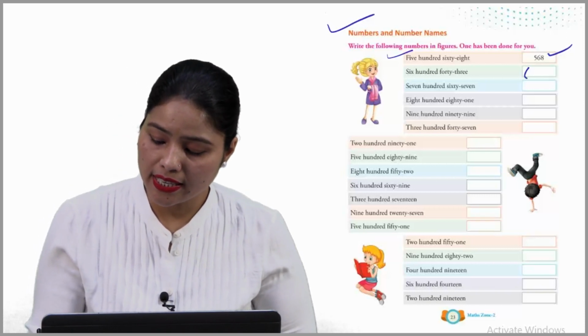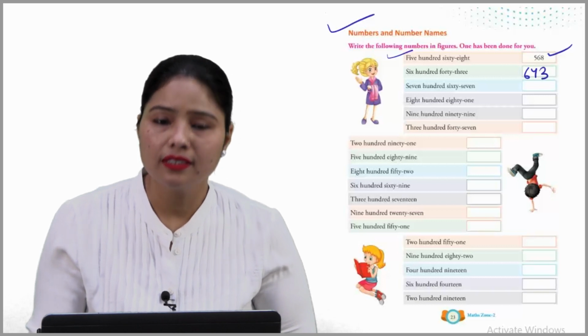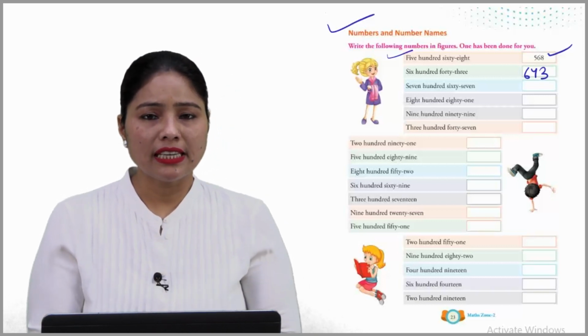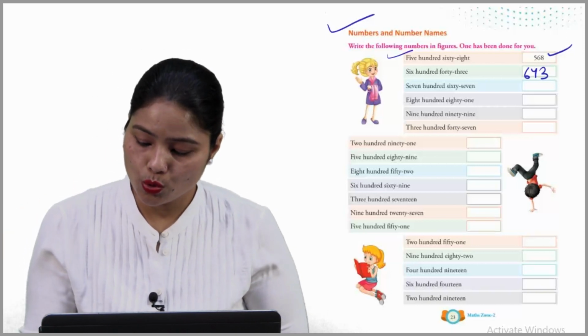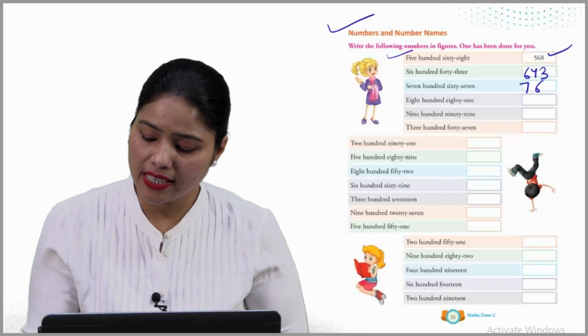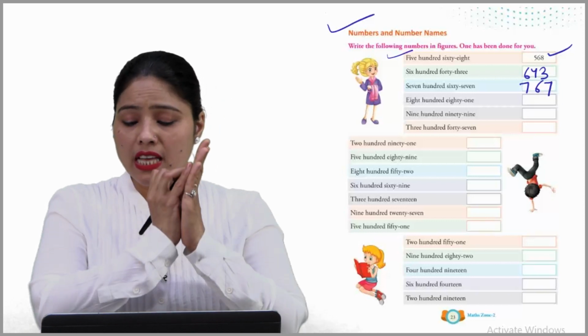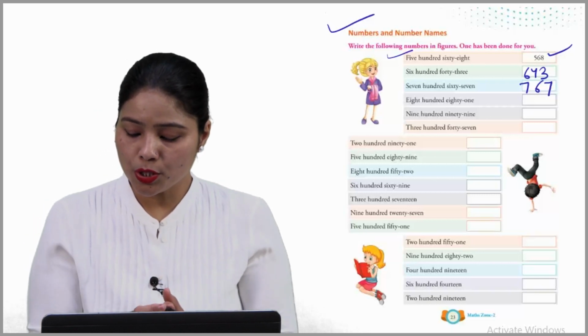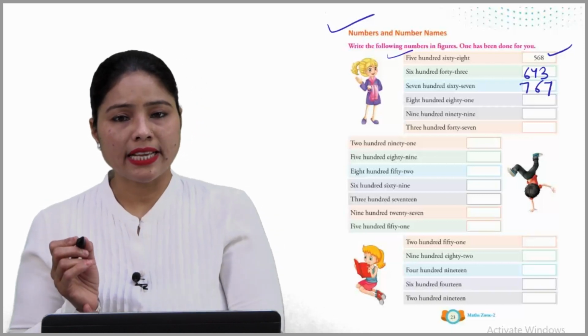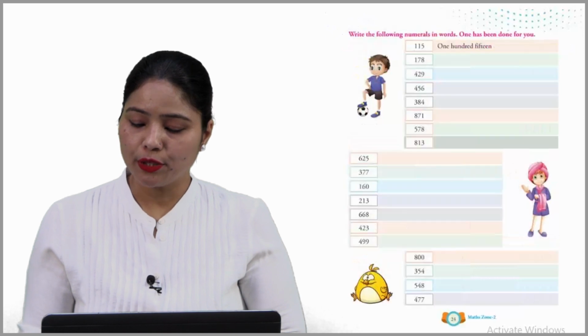So this is 600 and this is 43. Similarly 767. So 767. Okay. This is how we have to write in figure form. Okay. I hope you understood well. So these are the other blanks beta which we have to fill by your own.